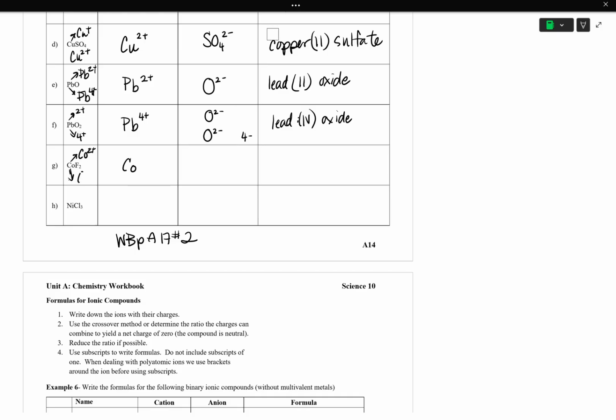Sorry, that should be a lowercase o. Okay. Fluorine, I have 2 of them, so I'm going to write 2 F's. They're both 1 negative. So the overall net charge is 2 negative. So I need the cobalt side to be 2 positive. So that's going to be cobalt 2 that bonds. So we write that down. Cobalt 2 fluoride.